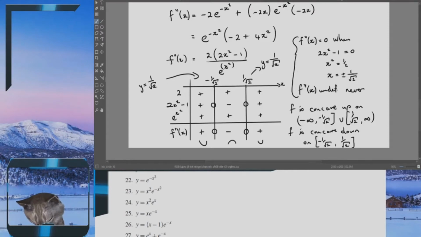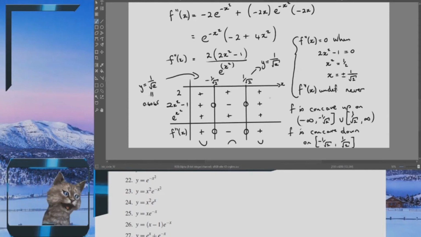I'm just using a temporary calculator. Okay, hold on. I can do it. 1 divided by square root of e. Go. 0.6065, if I round to 4 decimal places.